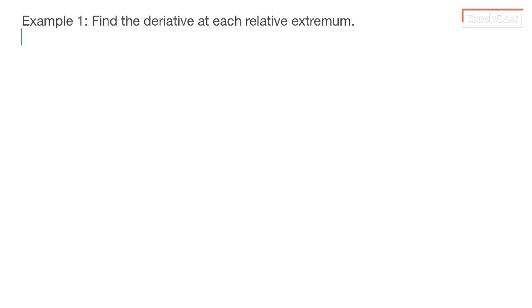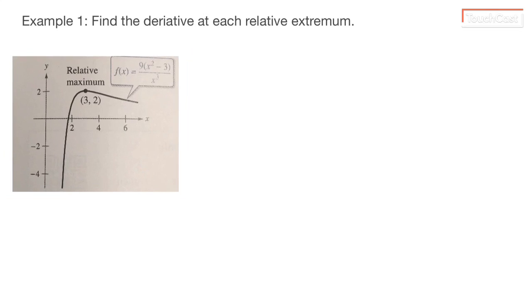In the first one, and I have a picture I'm going to pull up for this one, we are going to look at the function 9 times x squared minus 3 all over x cubed, where our relative maximum is at the point 3, 2.